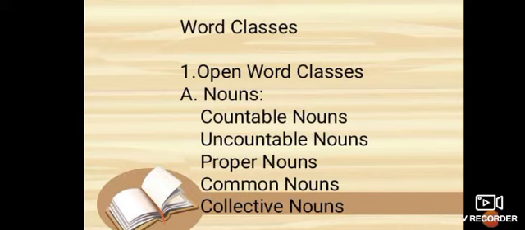Number two, uncountable nouns. They are called mass nouns or material nouns or uncountable nouns. Names of materials or substances or qualities are referred to as uncountable nouns.